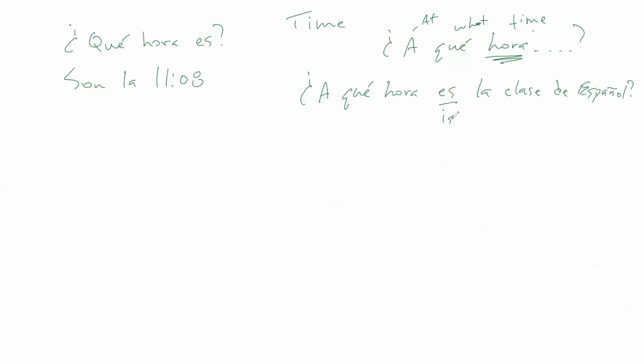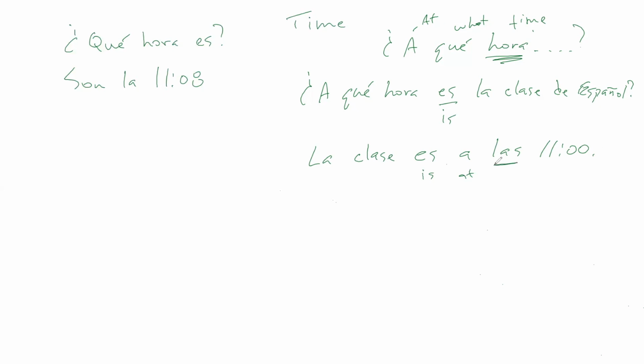So, ¿a qué hora es la clase de español? An answer to that would be la clase, or la clase de español. La clase es a las 11, right? So the class is at 11.